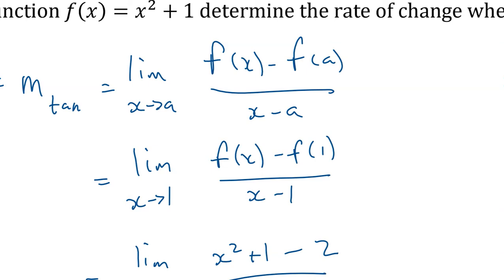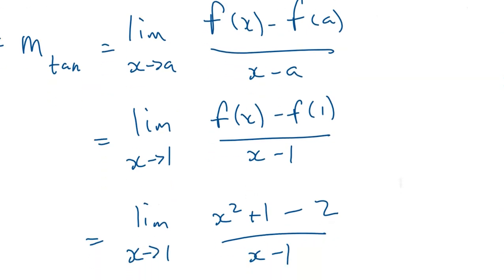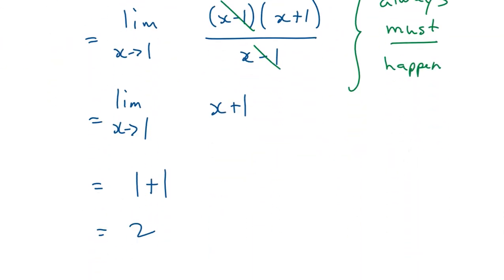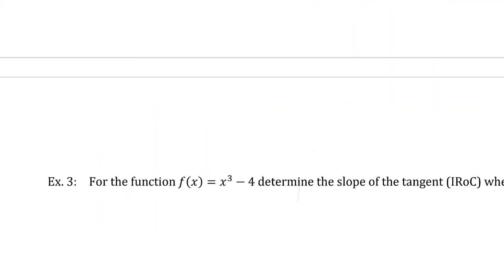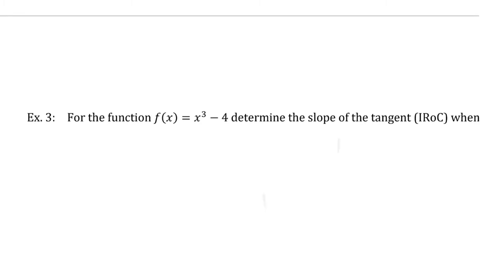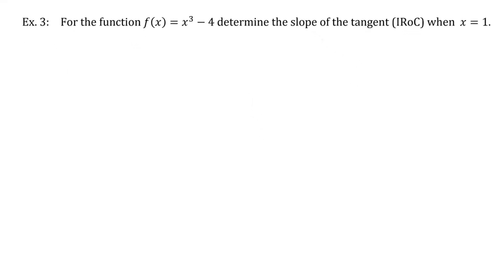But it's strange that when we use a single point and we get 0 over 0 every single time, then all of a sudden we don't. But there is a reason why this works, and it is something that we can make sense of, so we will, but not just yet. So we're going to do a few more examples. You don't have all of these examples in your handout, so you could just do this on your own paper.